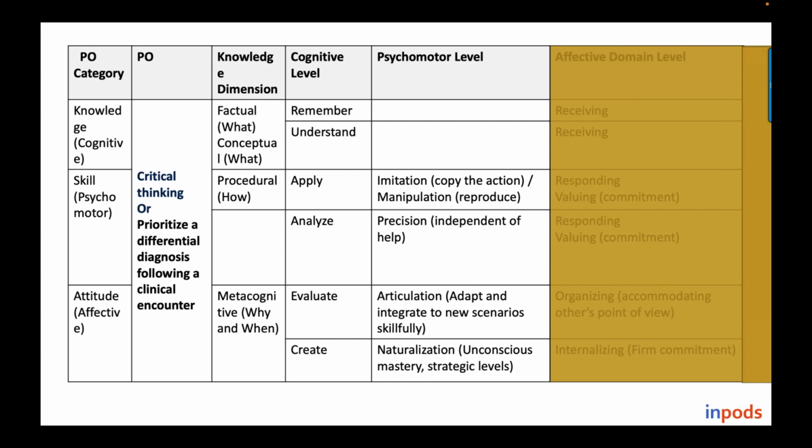Each time they are offered to solve a problem, think critically about it. They should be able to do that. So what is the level of the competency I am expecting here as a program designer from this program outcome, right? So do I have to take them to precision level, or articulation level, or naturalization level, right? That is again based on the time at hand, right?